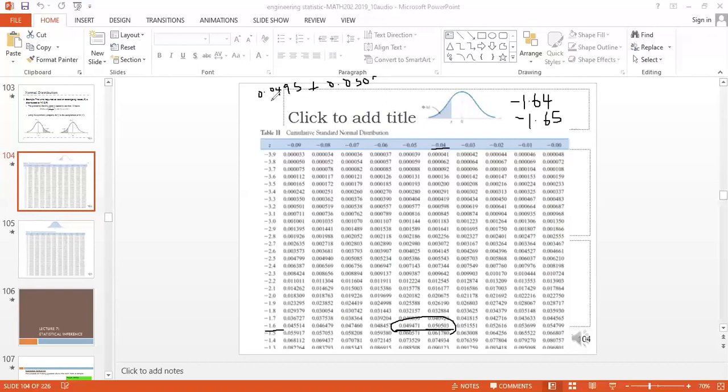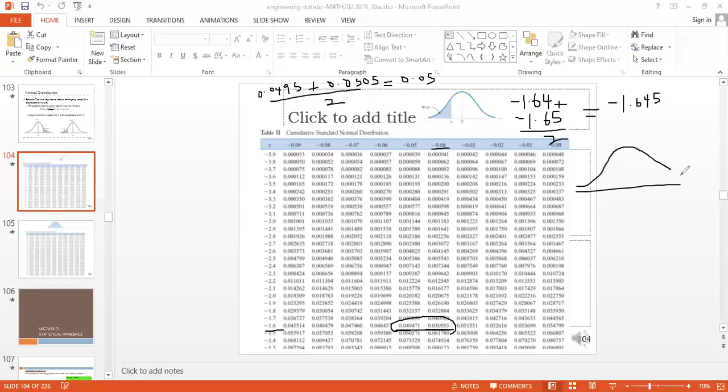If you add these two and divide by 2, you're going to get exactly what? 0.05, which means that similarly we're going to add these two Z values and divide by 2, and that gives us what? Negative 1.645.